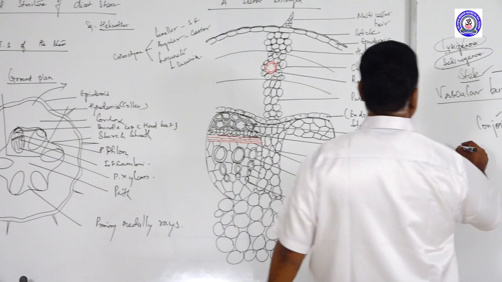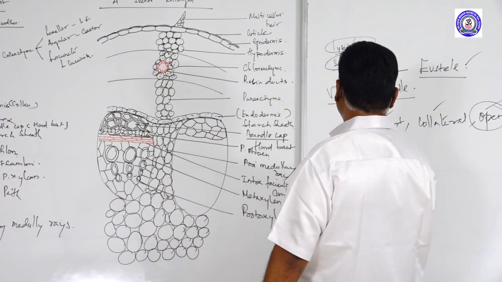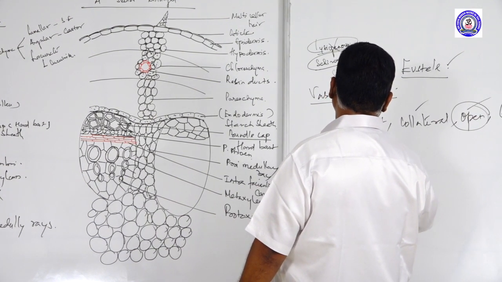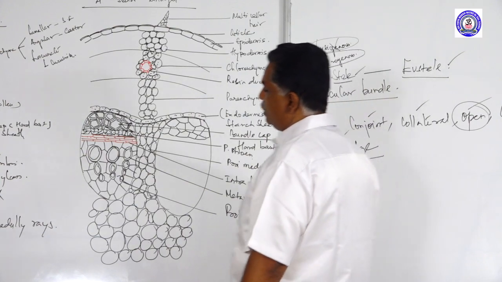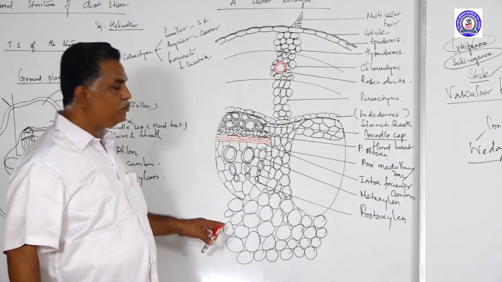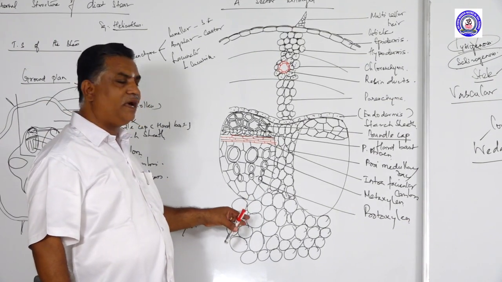Wedge shaped. Eustele is the arrangement of stele, and the shape of the bundle is wedge. Now at the center there is a pith which is made up of homogeneous cells.